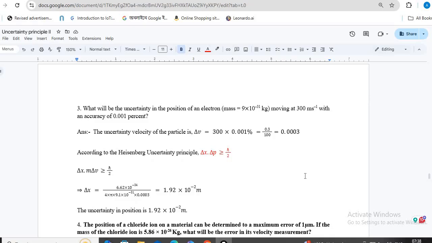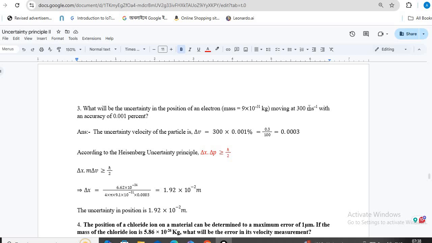Now we are moving to the third problem. Again the same type of problem here. So the uncertainty in the position for measuring electrons. Here the particle is moving with a velocity of 300 meters per second with an accuracy of 0.001%.